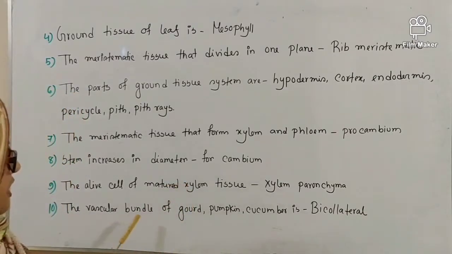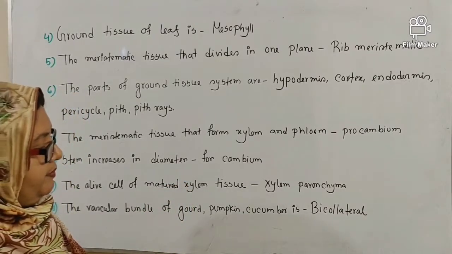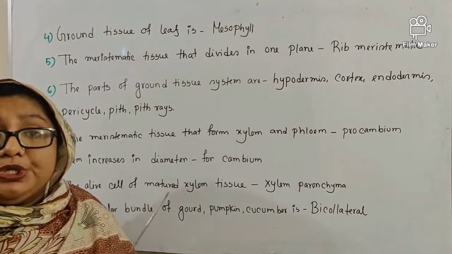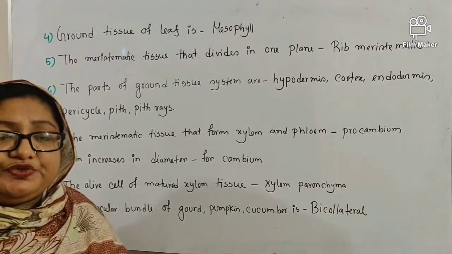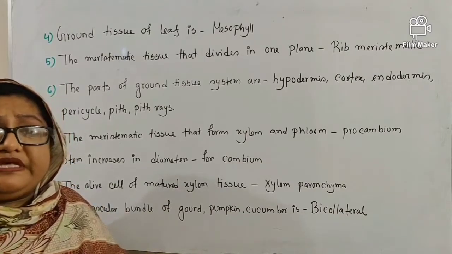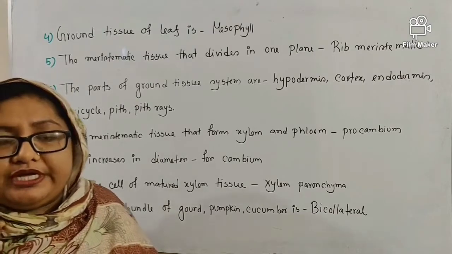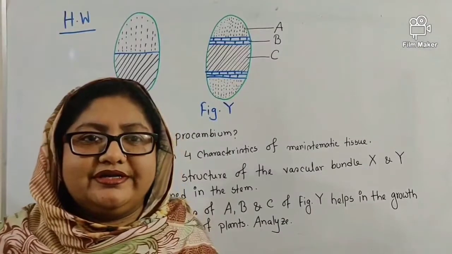Okay? Then the vascular bundle of gourd, pumpkin, cucumber is bicollateral. These are the MCQs from this chapter. These are some MCQs. You have lots of MCQs if you go through the textbook and the homework.